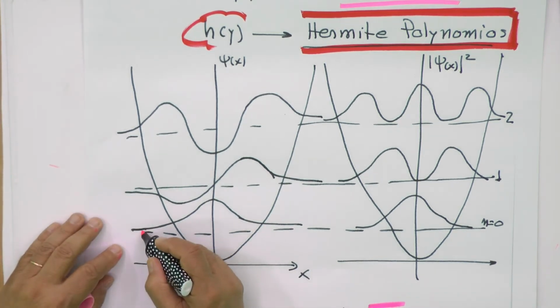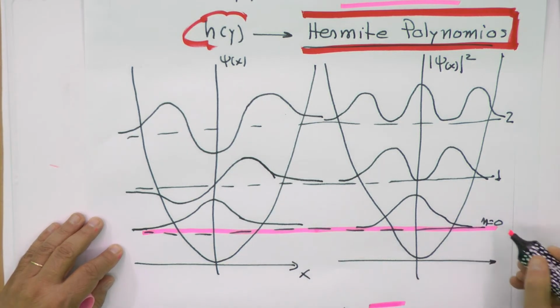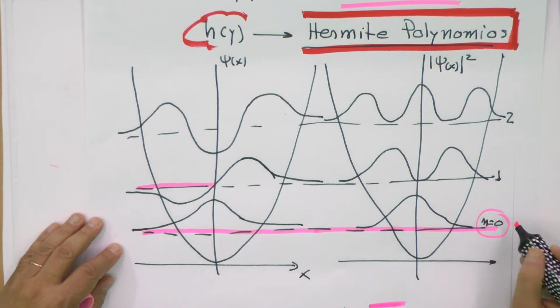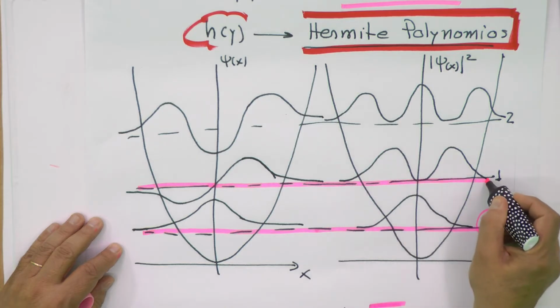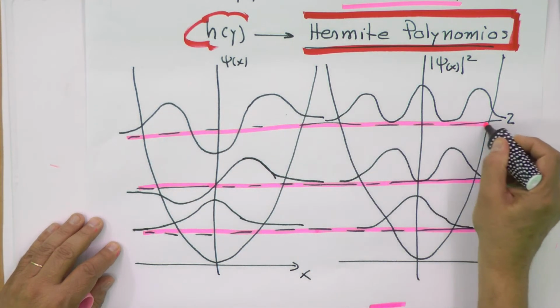So we can have different energies. If n equals 0, I get this energy, which is the minimum energy possible. If n equals 1, I get this energy. If n equals 2, I get that energy, and so on.